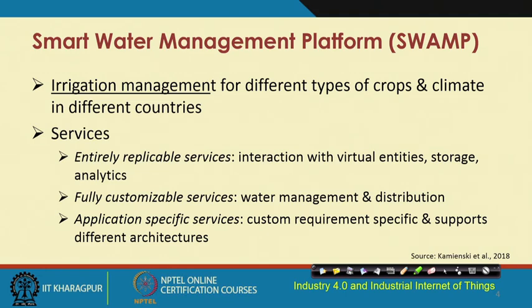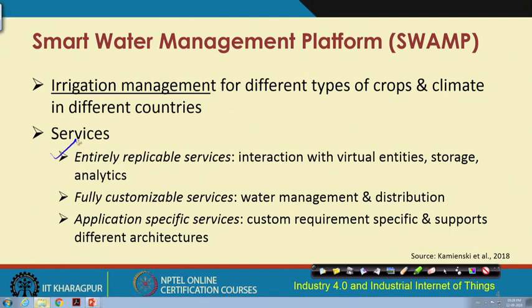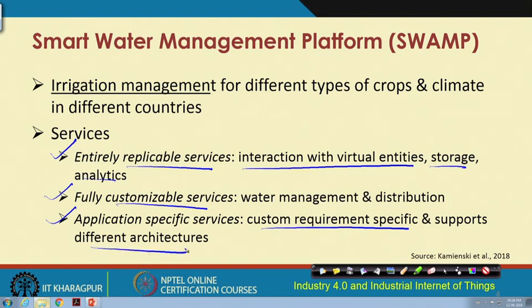These data are analyzed and different services are offered to the end users: replicable services which give interaction with virtual entities, storage and analytics, customizable services for water management and distribution, application specific services for custom requirements, and support for different architectures.